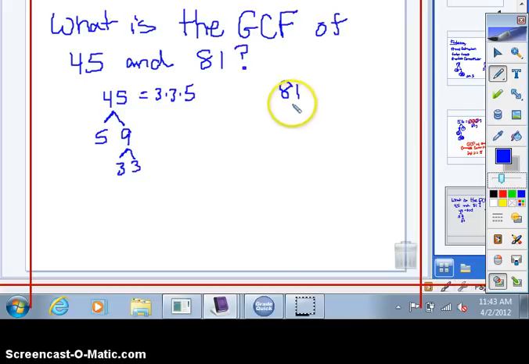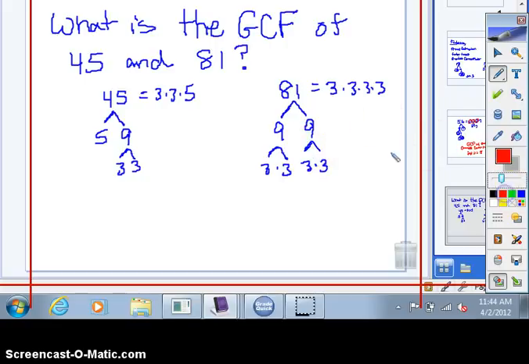What about 81? It factors into 9 times 9. But what does 9 factor into? 3 times 3 and then 3 times 3. So that factors into 3 times 3 times 3 times 3.